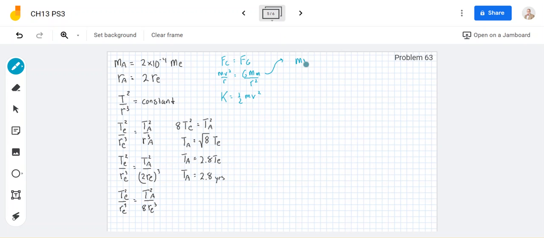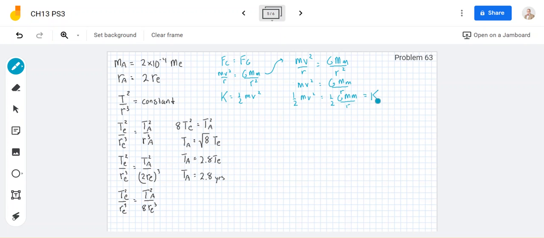So I have mv squared over r is equal to GMm over r squared. If I multiply both sides by r, I end up with mv squared is equal to GMm all over r. And if I divide both sides by 2 or multiply both sides by 1/2, I end up with 1/2 mv squared is equal to 1/2 GMm all over r. And this is the kinetic energy.